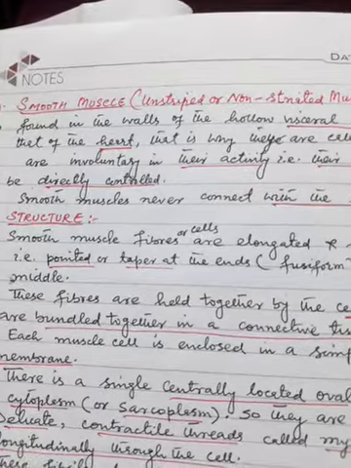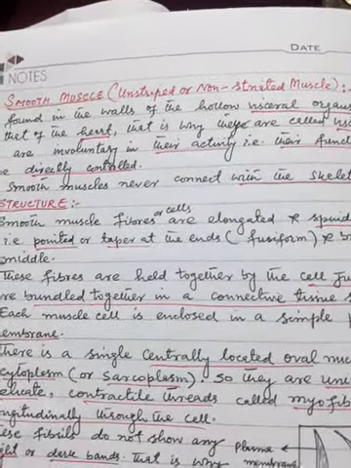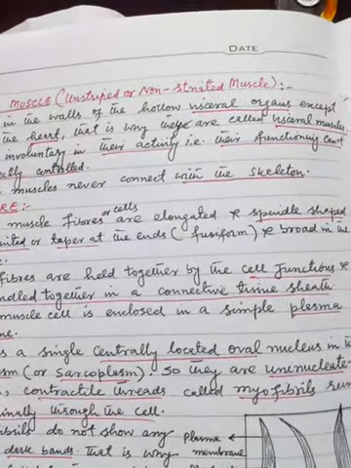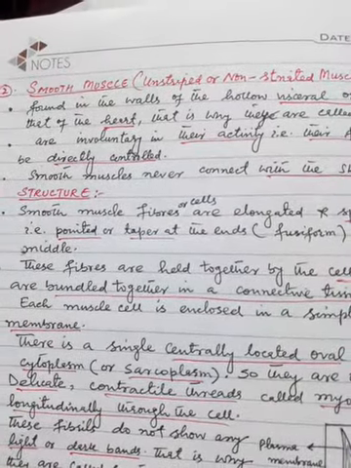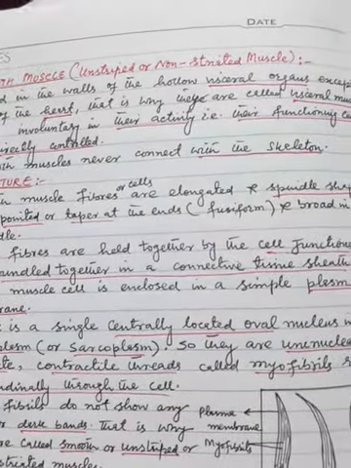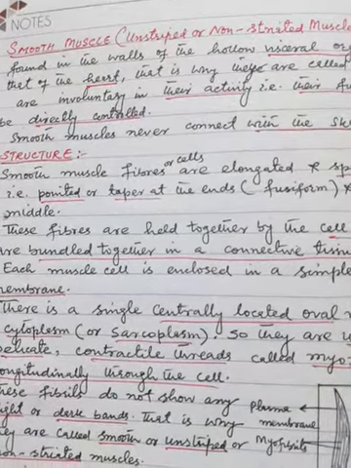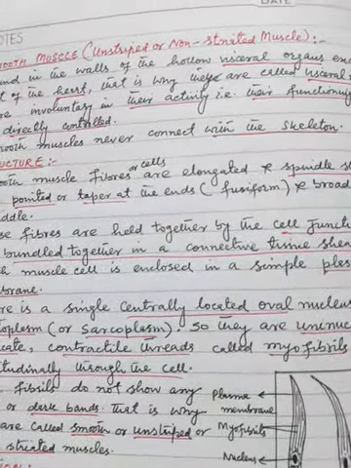These muscles are found in the walls of the hollow visceral organs, except that of the heart. That is why they are called visceral muscles. Smooth muscles are involuntary in their activity, that is, their functioning cannot be directly controlled. Smooth muscles never connect with the skeleton.